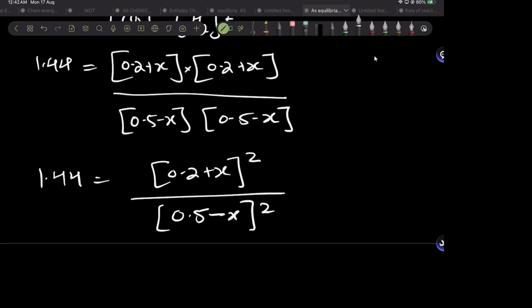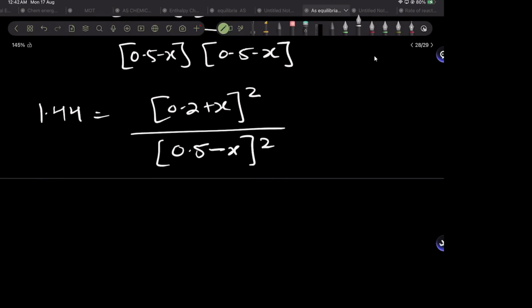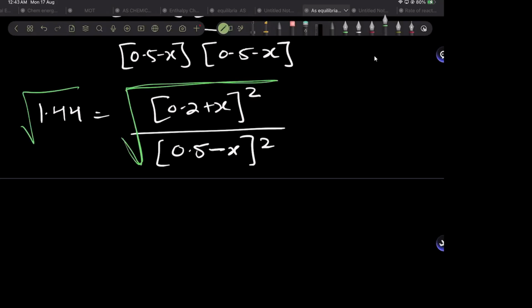They're the same brackets. So now what I can do is I can take a square root on both sides. So I take a square root over here and I take a square root over here. The squares cancel out with the square root.